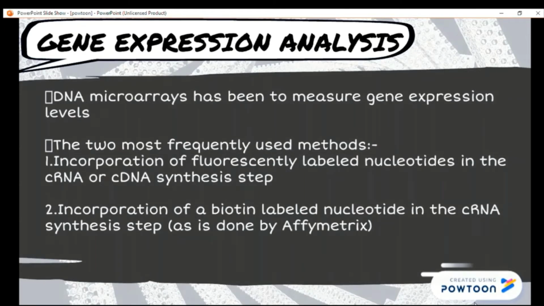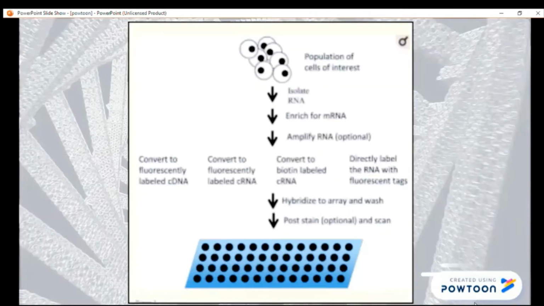It has been used to measure gene expression, with two most frequently used methods: incorporation of fluorescently labeled nucleotides in the cRNA or cDNA synthesis step, and incorporation of biotin labeled nucleotide in the cRNA synthesis step. These are the simplified methods: the population of cell of interest is selected and then isolated, followed by enrichment for mRNA.